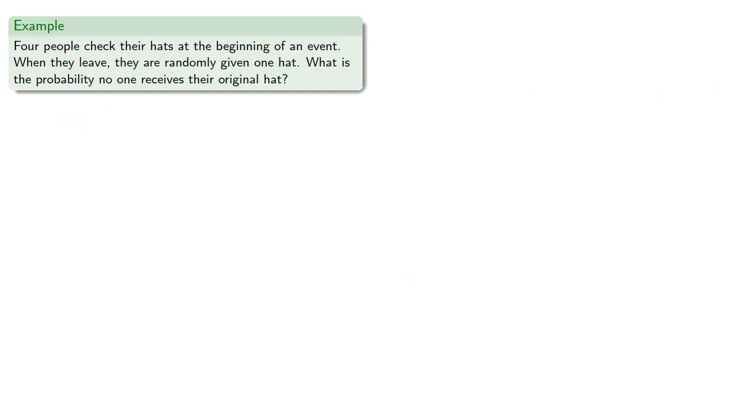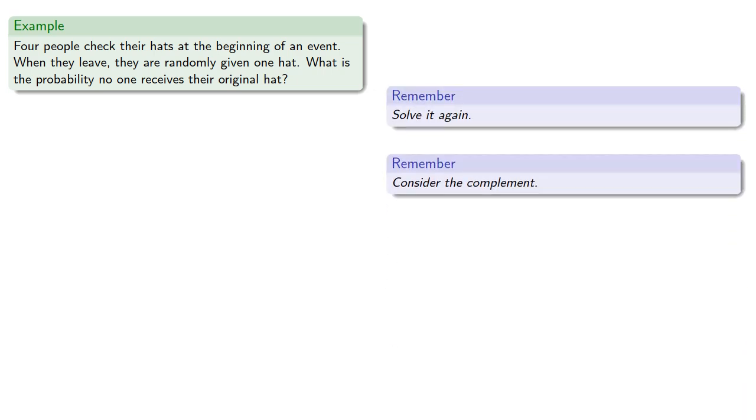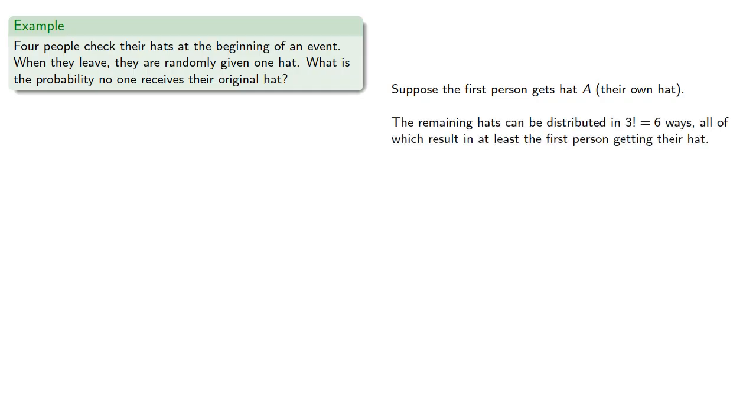So again, if you really want to understand a math problem, solve it again. So let's consider the complement where at least one person gets their own hat back. So suppose the first person gets hat A, their own hat. The remaining hats can be distributed in 3 factorial, 6 ways, all of which result in at least the first person getting their own hat.